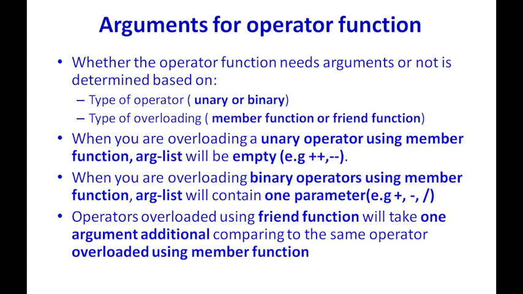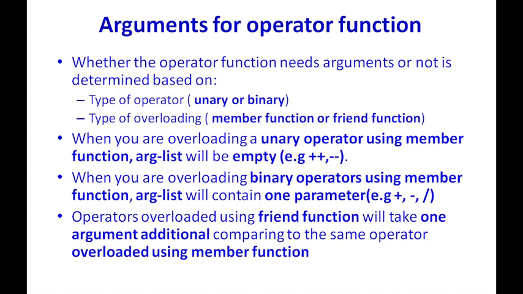And now coming to the arguments. The arguments are fixed based on two parameters. One is whether the operator is a binary operator or a unary operator, and secondly whether it's a member function or a friend function. So if you are overloading a unary operator as a member function, it will take no parameters.